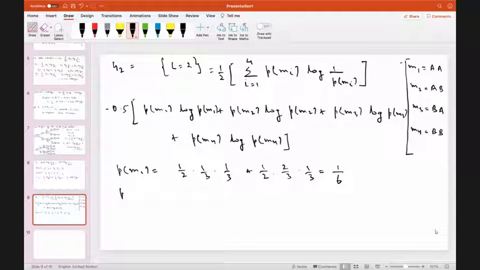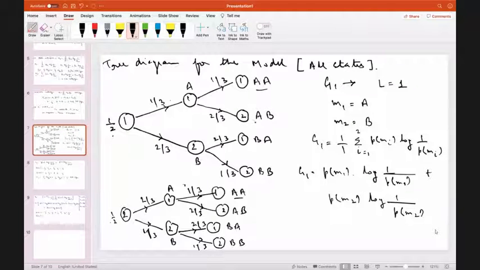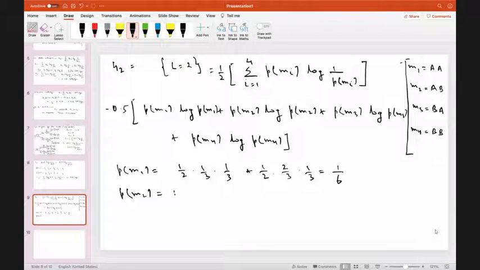Then let's look at P of message 2. So this is your message 2, and it's coming in both the states. So that will be 1/2 into 1/3 into 2/3. Let me just write it one at a time so that I don't forget it.